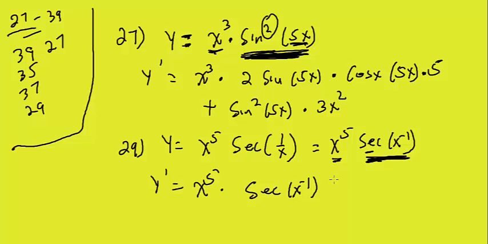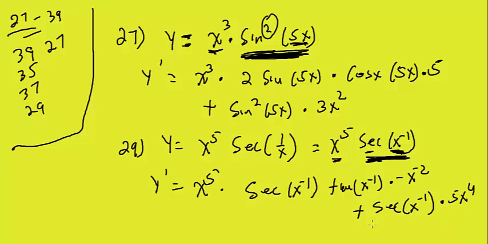Okay, so it'll be secant x to the negative 1 times tan x to the negative 1. Times, I gotta go inside, take the derivative of that, which is negative x to the negative 2. Plus the second, which is secant x to the negative 1 times the derivative of the first, which is 5x to the 4.